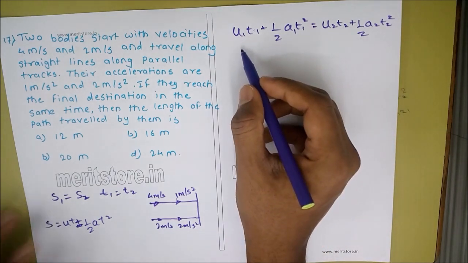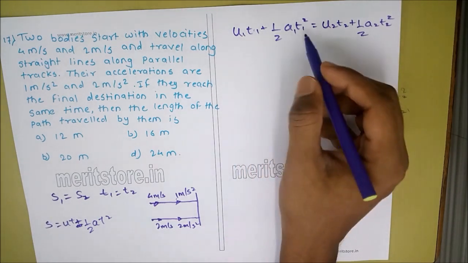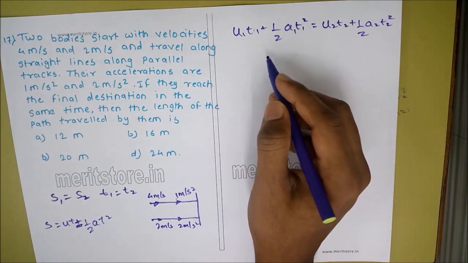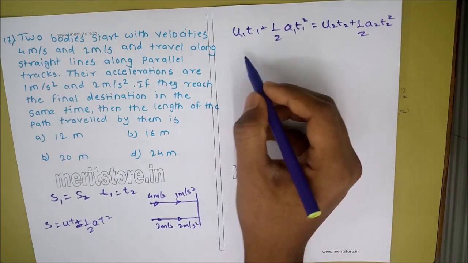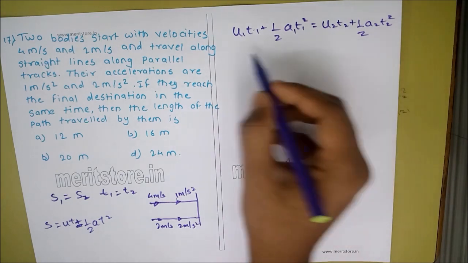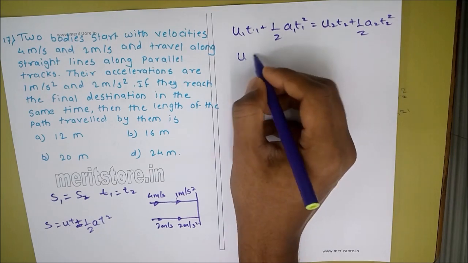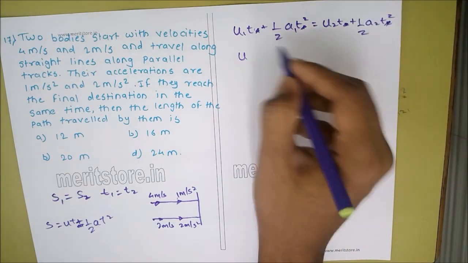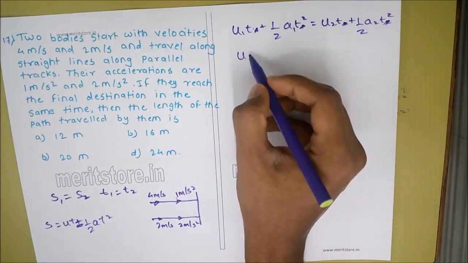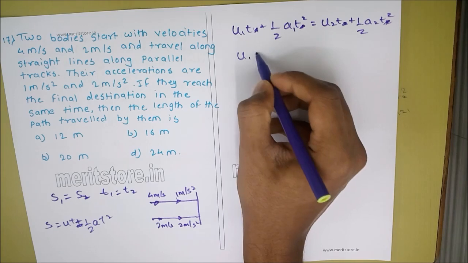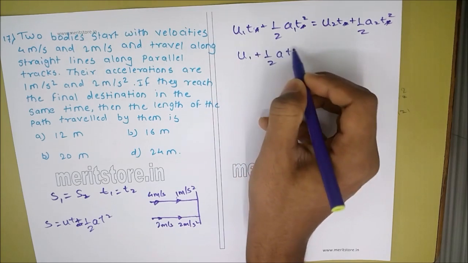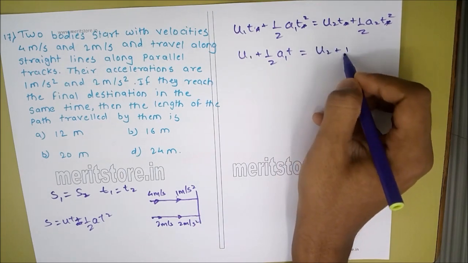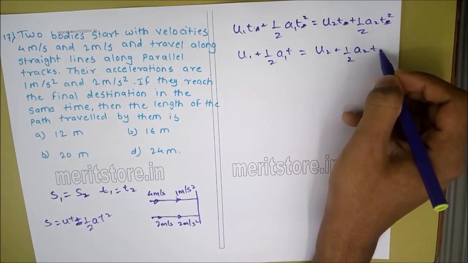Since the time taken for both the bodies is the same, let us just write t, and dividing both sides by t, we get u1 plus half a1 t is equal to u2 plus half a2 times t.